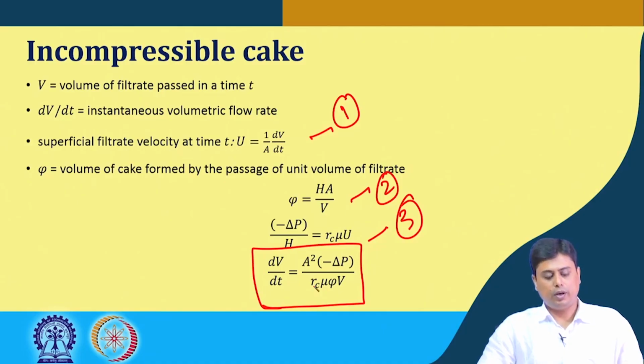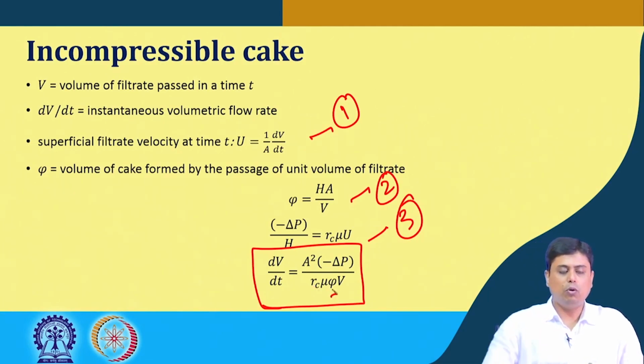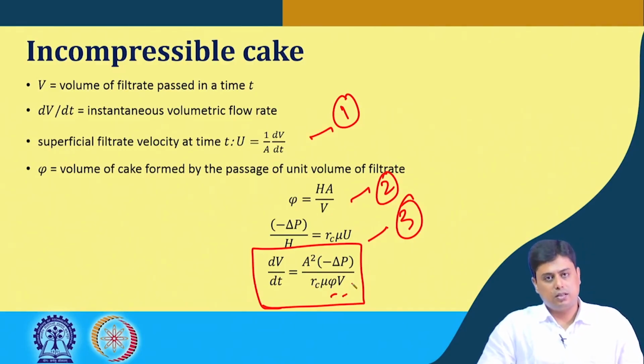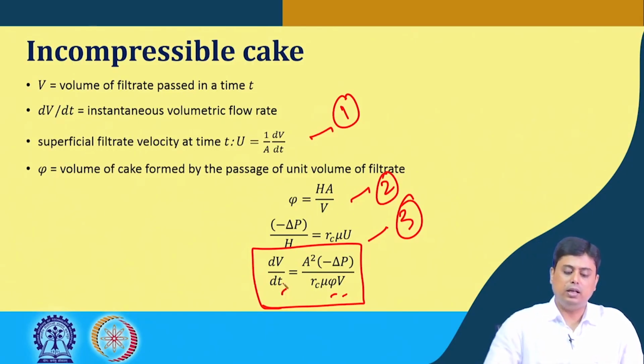In the numerator we have A squared times del P, divided by specific resistance, divided by viscosity, divided by the volume of cake that has been formed, multiplied by this V, which is the volume of filtrate passing at the instant of time t.